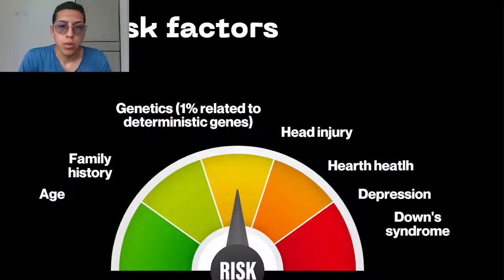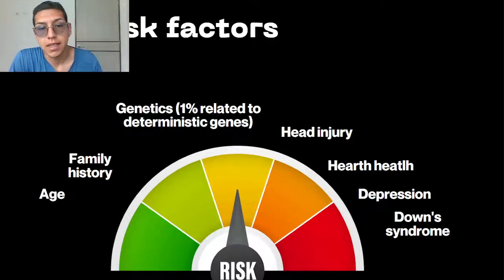Well, according to what was said before, other authors, even the authors that said that the tau and the amyloid proteins are responsible for Alzheimer's, agree that there are risk factors for a person to develop Alzheimer's. These factors are age, since the risk of Alzheimer's increases with age.